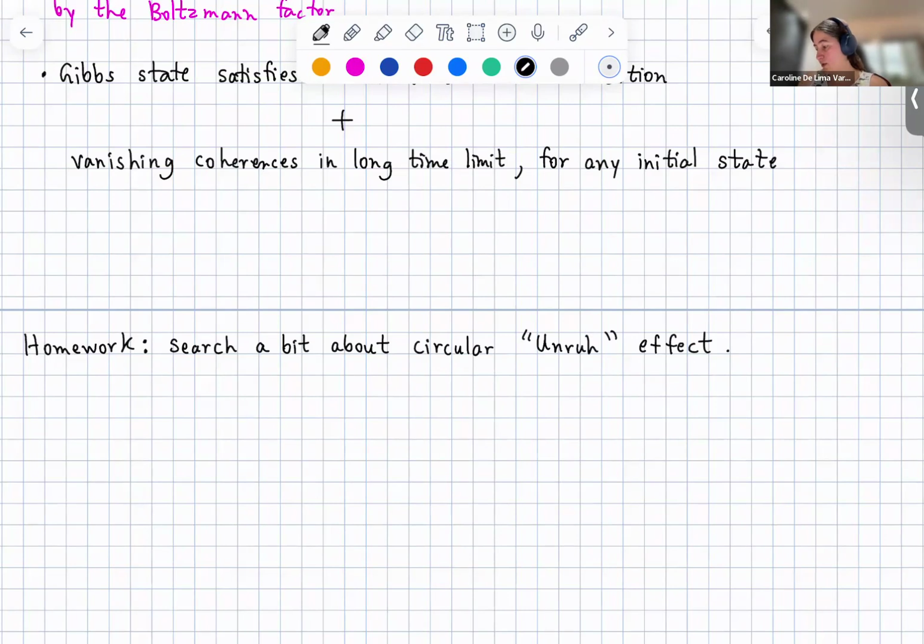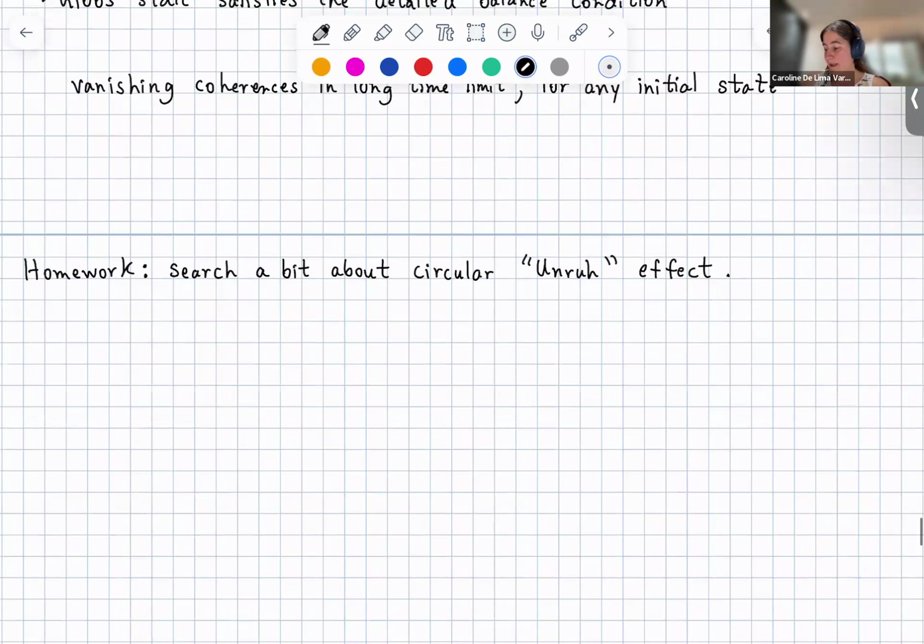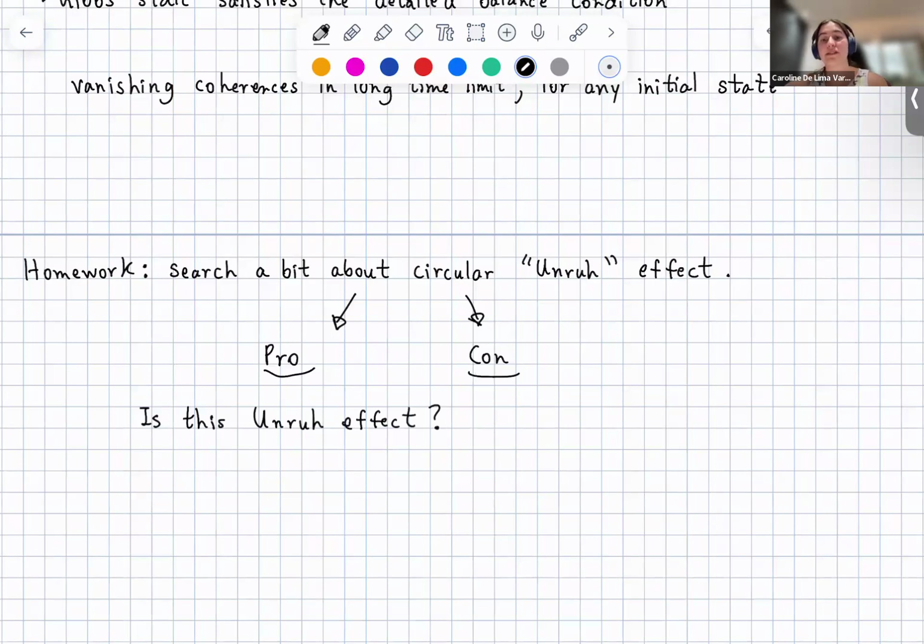Okay, so at least have an idea of what it is, but if you can, it would be nice to have some discussion tomorrow. If you come up with one pro and one con of whether this is also the Unruh effect or not, it would be very nice to start tomorrow with this discussion.